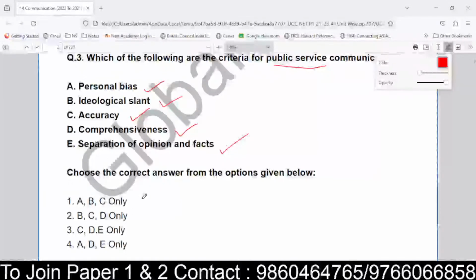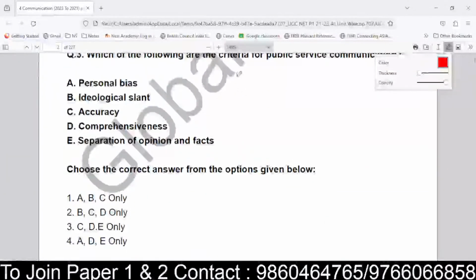The options are given below, A, B, C, D, in the form of 1, 2, 3. Just remember the question: the criteria for public service communication. If you see the given options, some options need to be eliminated. So make sure that you are reading the question very well and coming to the answer.